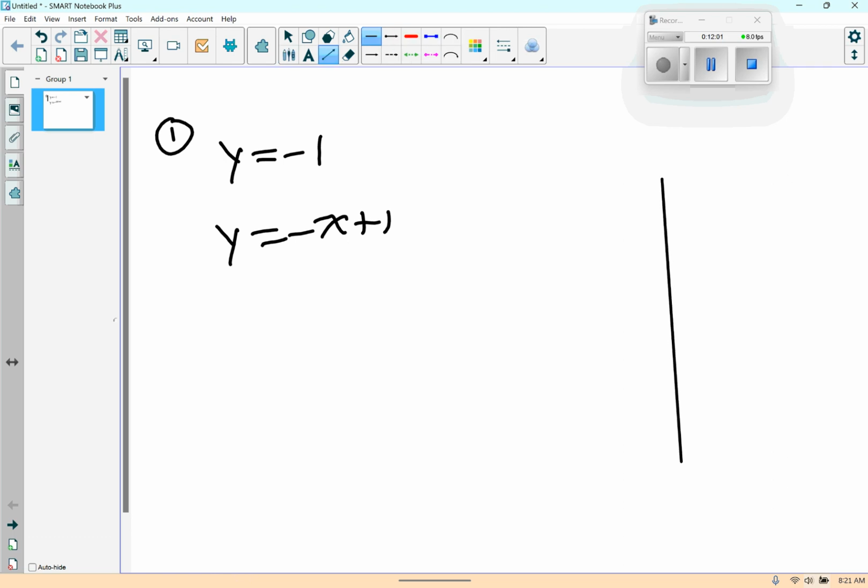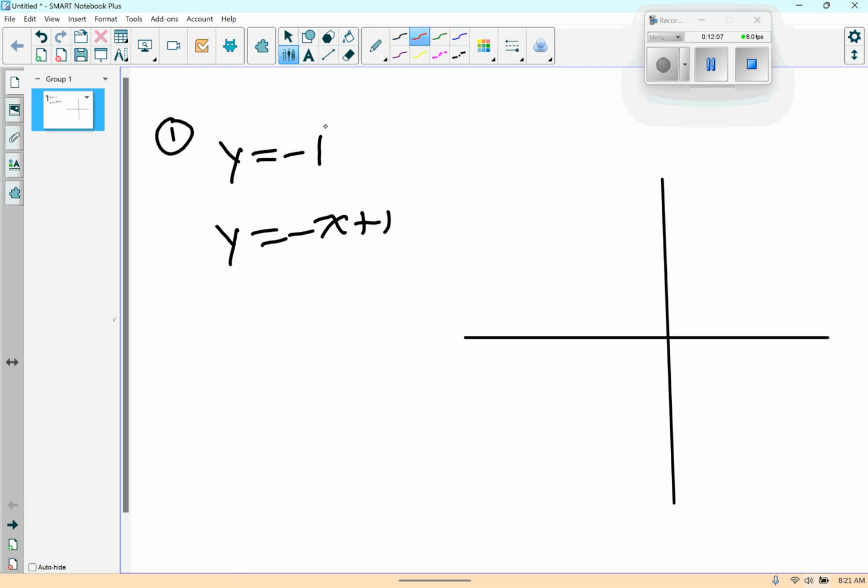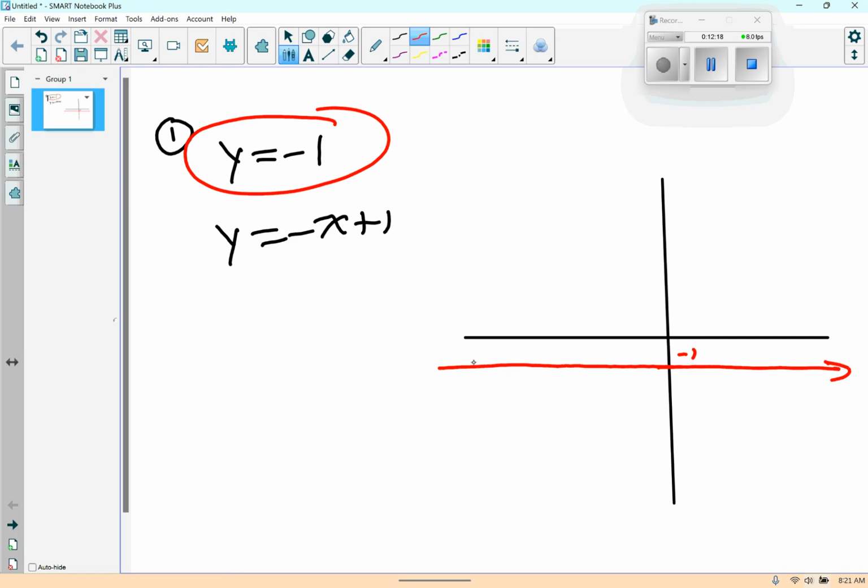So if I create my xy intercept, I don't have a graph on this, but we'll just make it work. Okay, so the nice thing is, look right here. That is one of our special cases. So I'm going to go to -1, and I'm just going to draw a straight line. Okay, this is not an inequality, so they're all going to be solid lines.